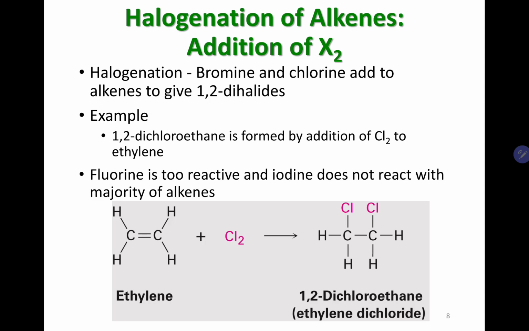The first reaction that we are going to talk about today is the halogenation reaction for alkenes, and this can be done through a treatment with bromine or chlorine. You can treat alkenes with either bromine or chlorine to halogenate the alkene.